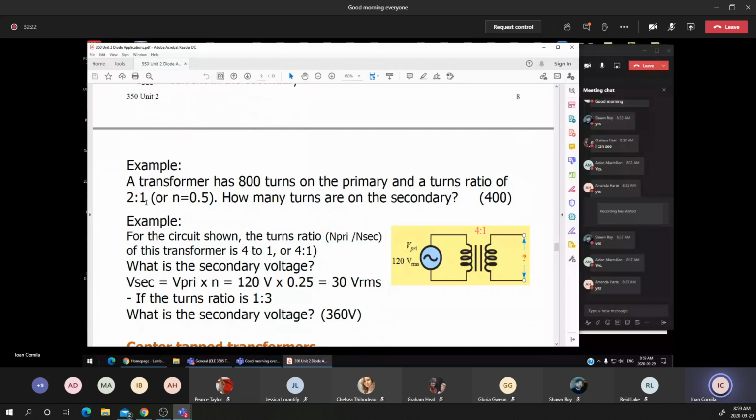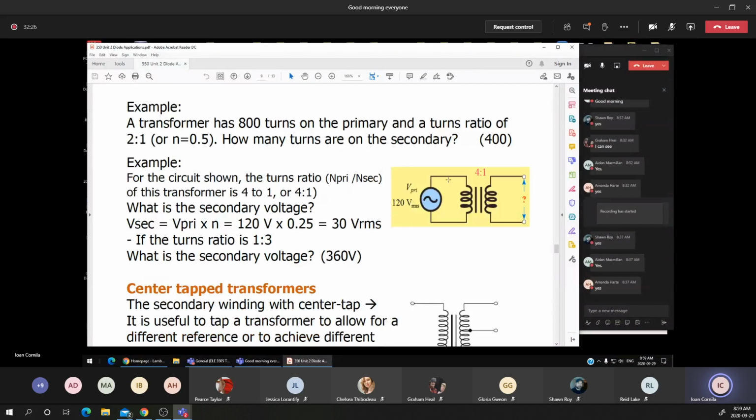Now, the question is, again, how is that turn ratio expressed? Usually, the turn ratio is expressed as 1:X or X:1. That's the general rule of using the turn ratio. Actually, what does this turn ratio mean?